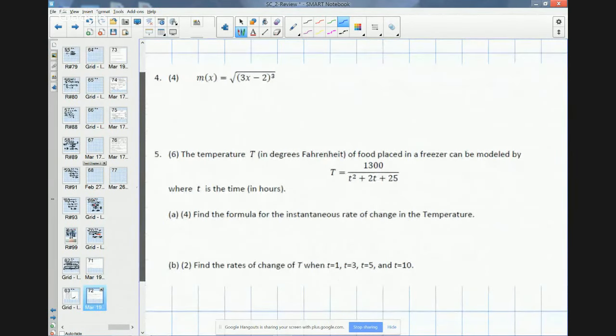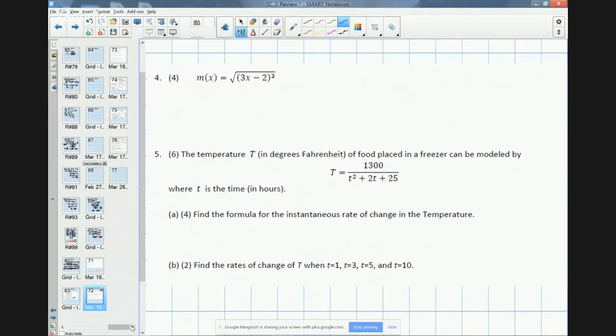Now I think we were talking about number 5, weren't we? I think number 5 is where we ended up. Let me know if I'm wrong. I think we talked about everything up through there.